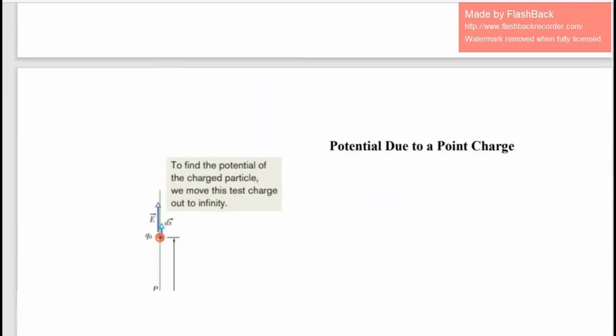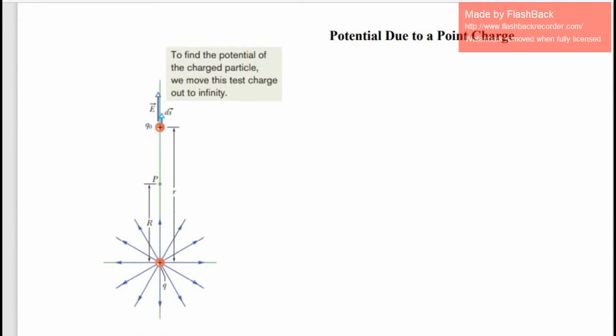The next topic is potential due to a point charge. Now we use the same equation, V is equal to minus the integral from I to F of E dot ds, following the path to derive the electric potential at some distance from the positive charge.